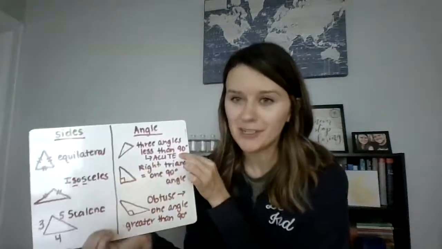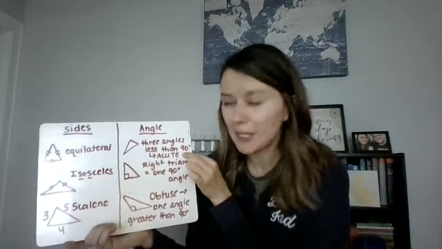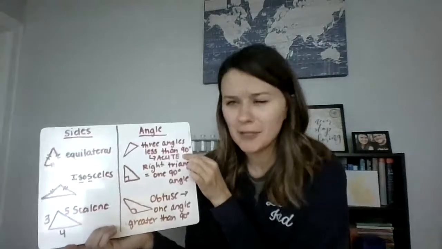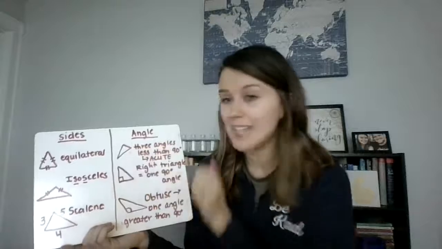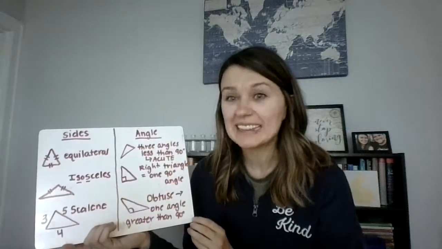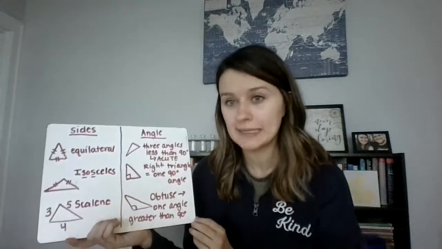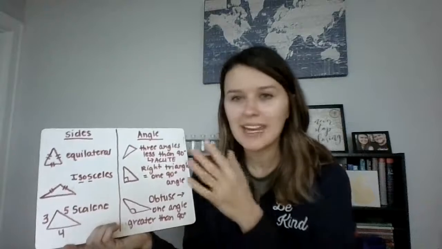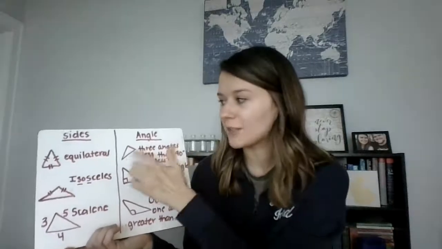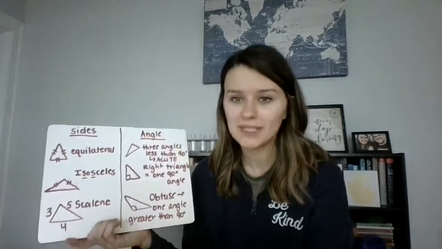And my trick to remembering what type of triangle is acute is I say, oh, that's such a cute little triangle, because all of its angle measurements are less than 90 degrees. So it's very tiny angle measurements. So 89 degrees or less for all three angles.